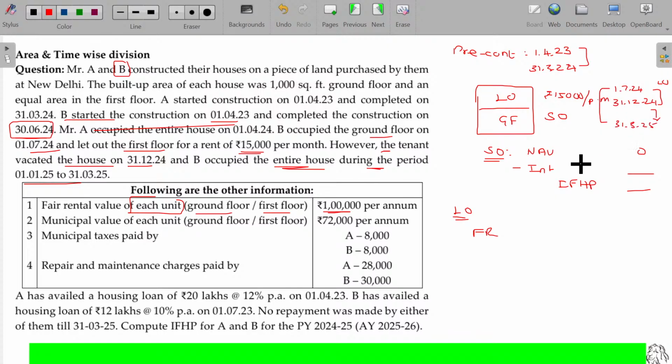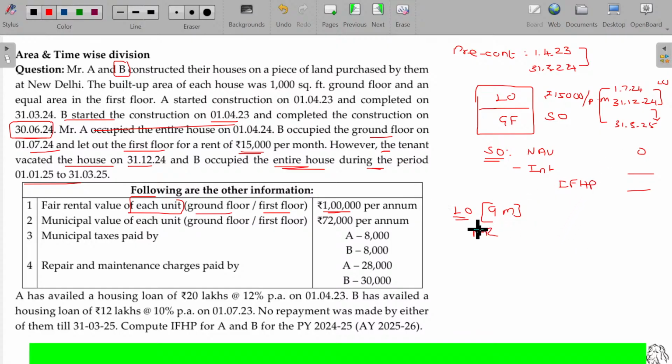From here to here, how many months are there? 9 months. So the let out is going to be calculated only for the 9 months. Sir, out of the 9 months, 3 months self-occupied, sir. No, in case of self-occupied, that will be considered like unrealized rent. It's not unrealized rent, but you have to treat it with the same unrealized rent logic here.